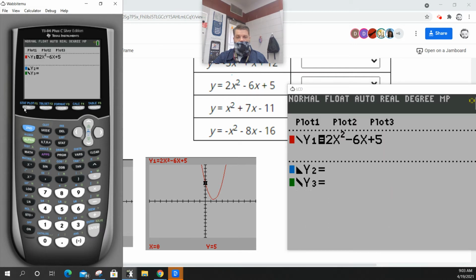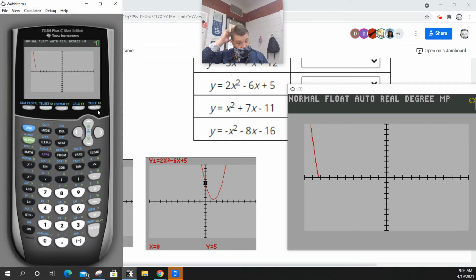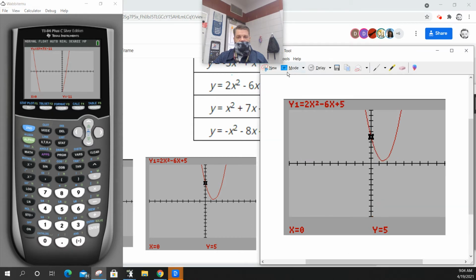So I'm going to hit y equals, hit the clear button. We're going to do x squared plus 7x minus 11. Hit graph. Now that one crosses for sure twice. So let me take a screenshot of that.